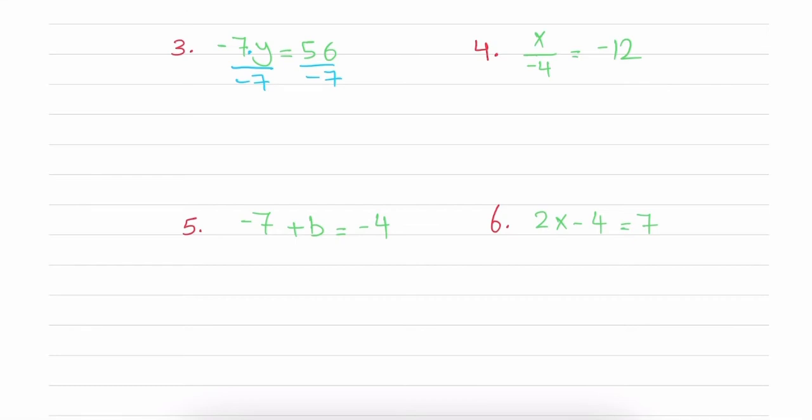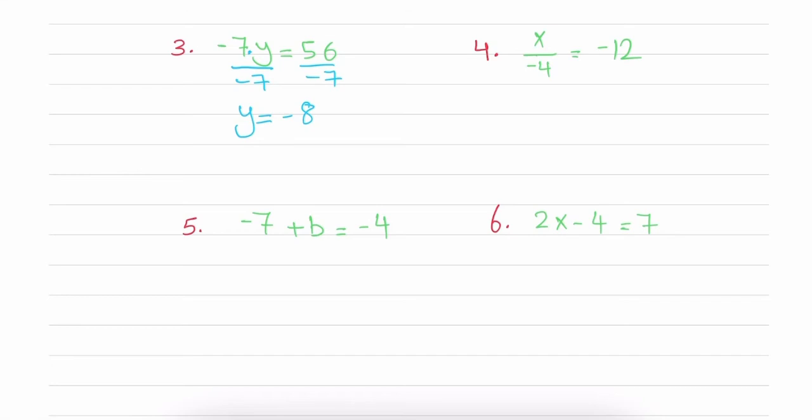So negative 7 divided by negative 7, this is 1, so we have y. And this is equal to 56 divided by negative 7, which is negative 8. Question number 4. We have x over negative 4 equals negative 12.